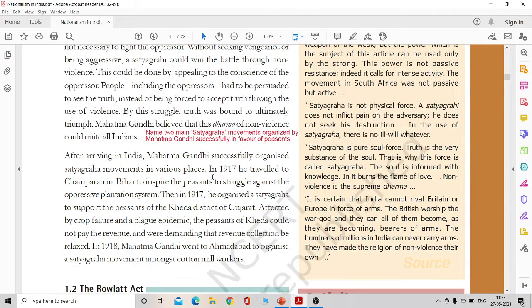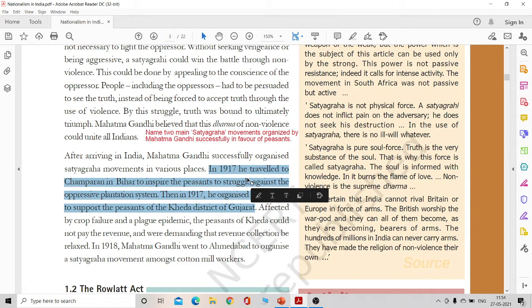So one, of course, is when he arrived in India in 1917, he traveled to Champaran in Bihar to inspire the peasants to struggle against the oppressive indigo plantation system. And there was another movement he organized for the peasants in the Kheda district of Gujarat, right? Now, be very careful.